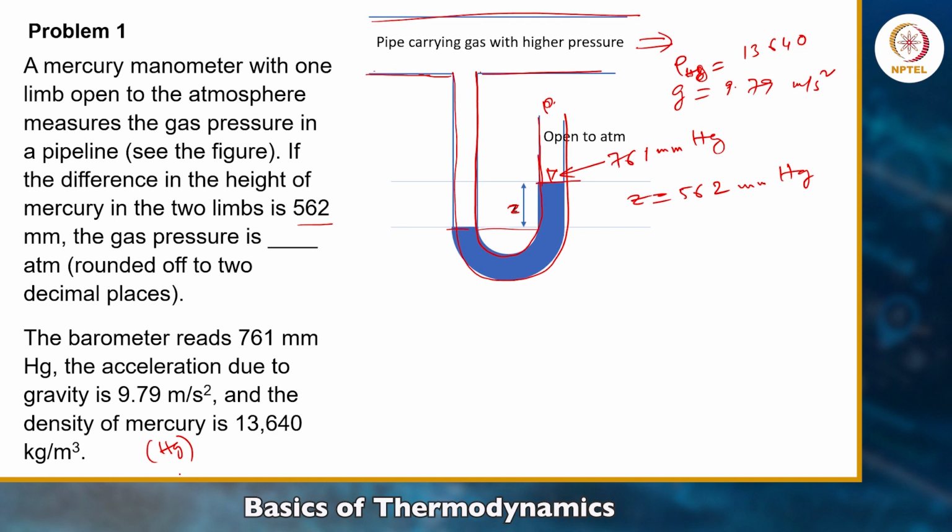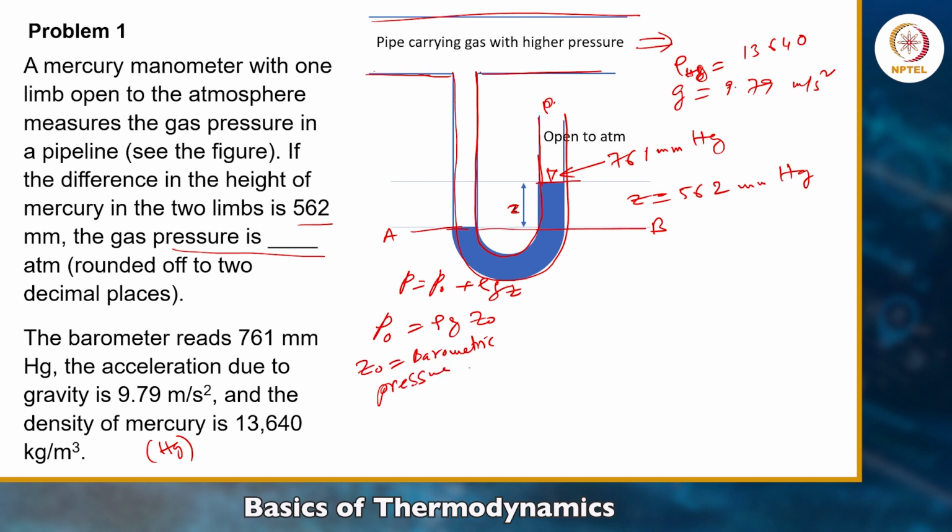Now how to calculate it? So gas pressure, now you take one plane AB, and here P equals P0 plus rho g z. So P0 equals rho g z0. z0 is the barometric height, which equals 761 millimeter Hg.